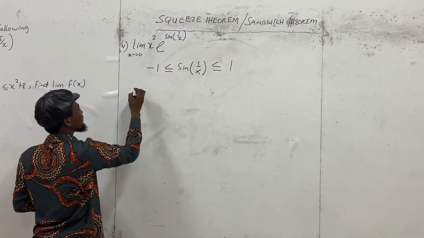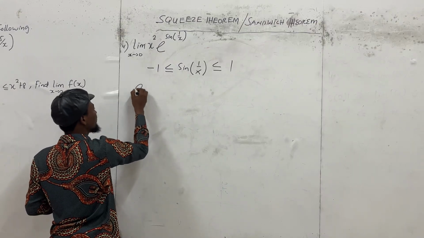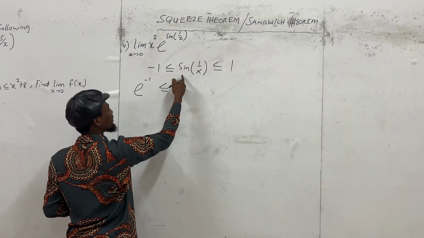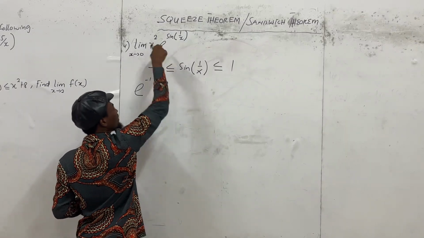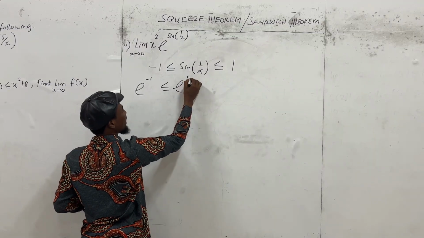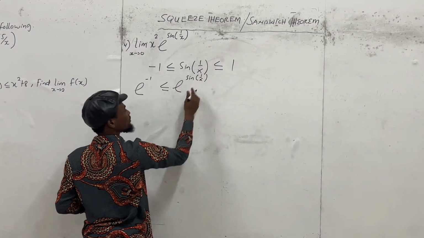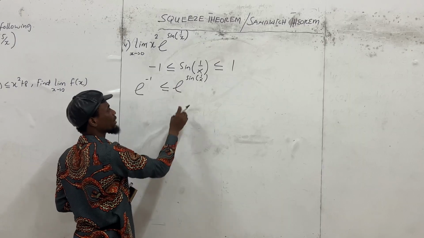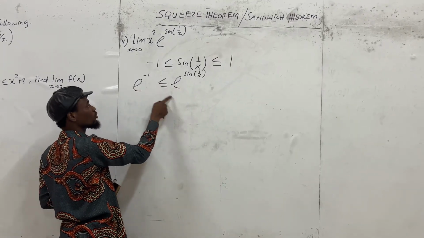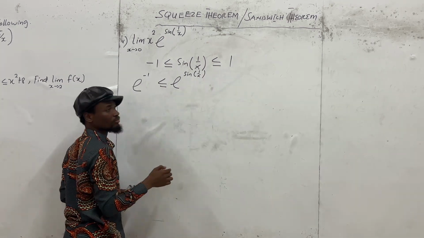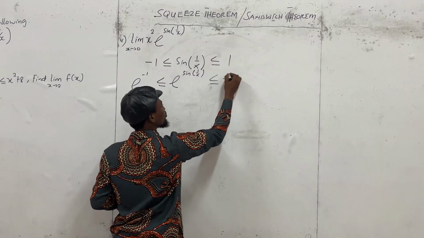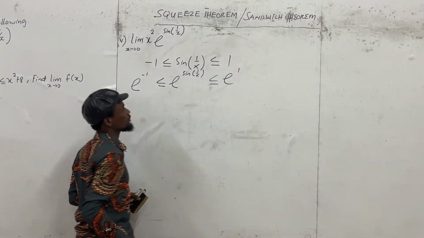So we say that we have e raised to the power of negative 1, less than or equal to e to the power of sine of 1 over x. The same concept applies to this and that. Less than or equal to, then you also raise these to the power of 1.